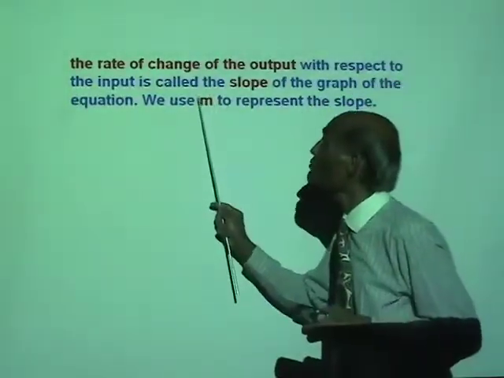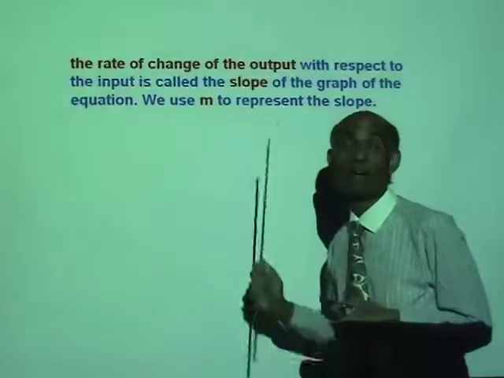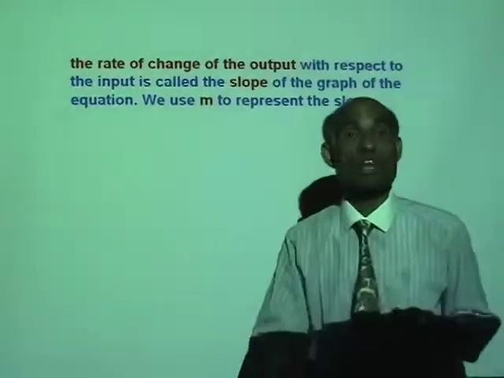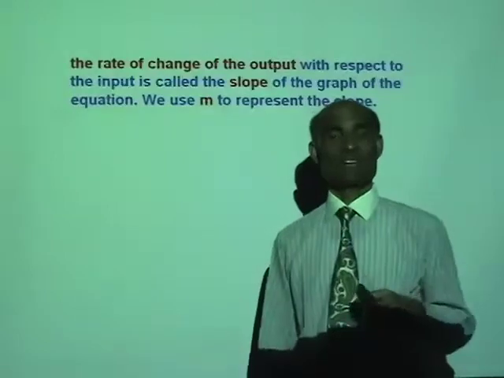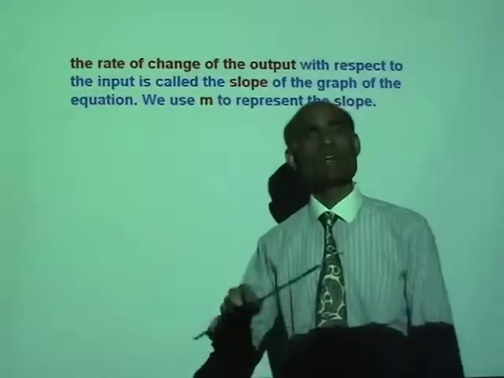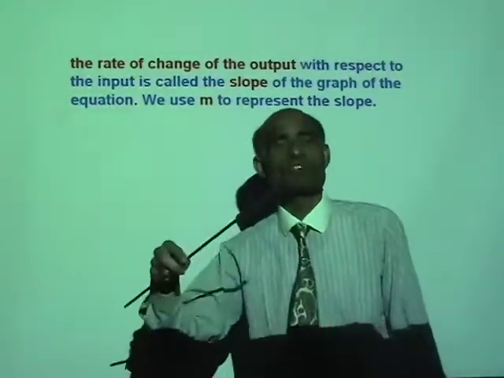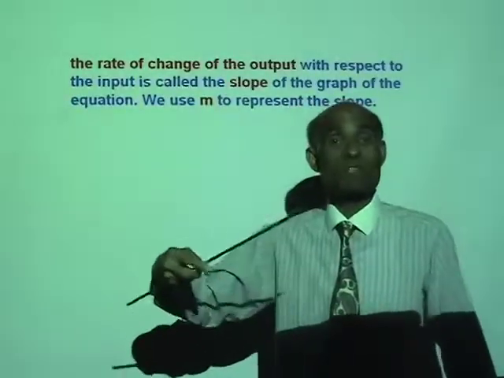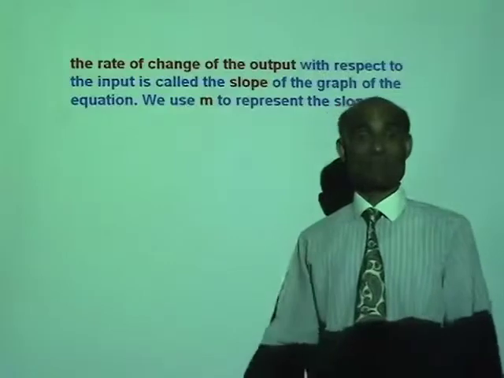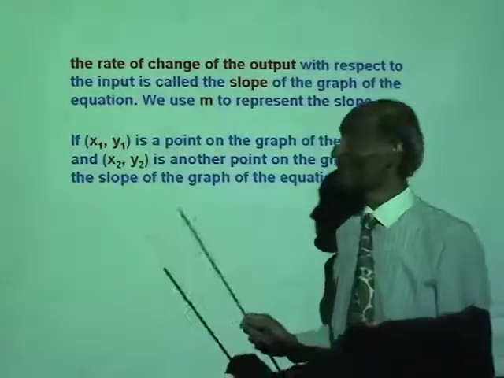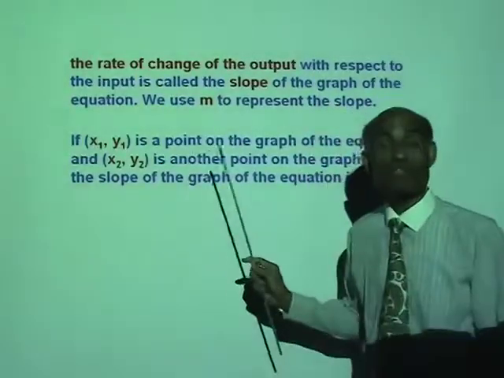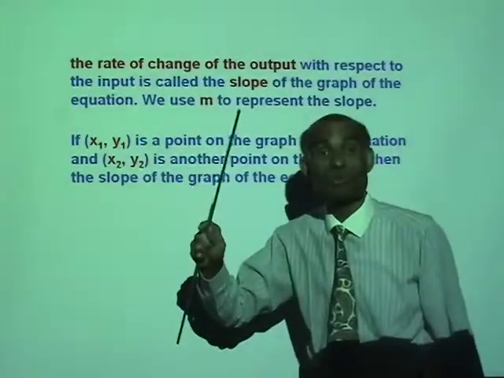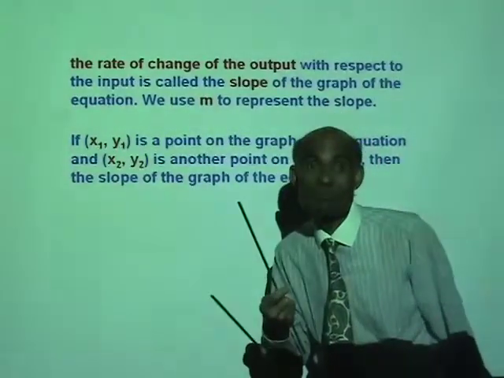And we will use the lowercase m to represent the slope of the graph. In that case, can you tell me what is the equation that will represent the slope of a graph? Slope of a graph is the rate of change of the output with respect to the input.